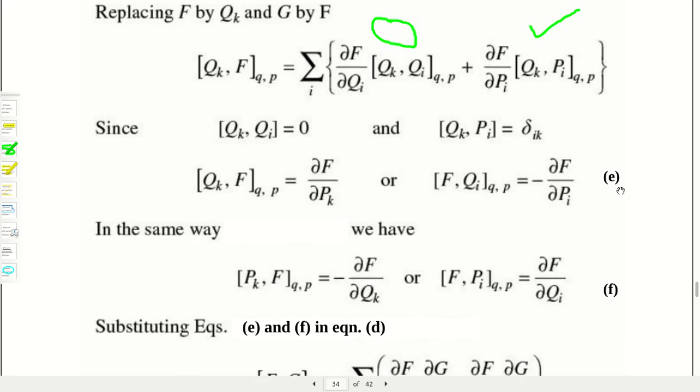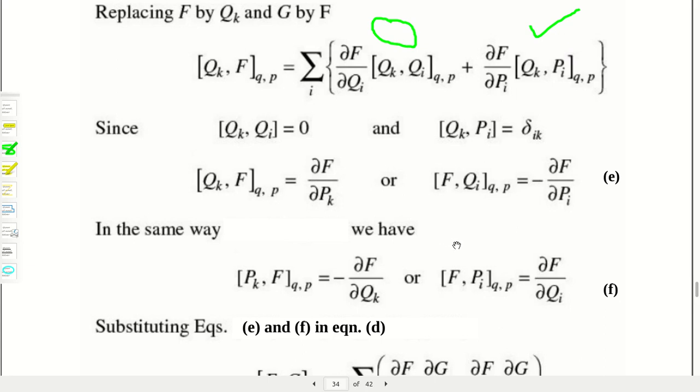We know that in the similar way we can write {F, P_i} is equal to ∂F/∂Q_i. You have to prove it on your own, or by similarity, by seeing these equations you can estimate and write this form of the equation.